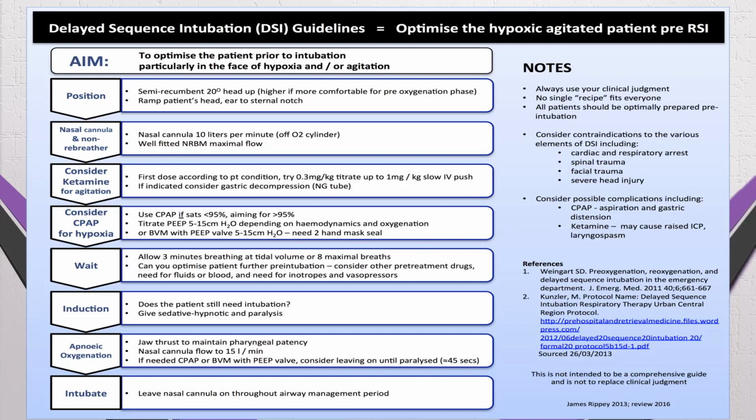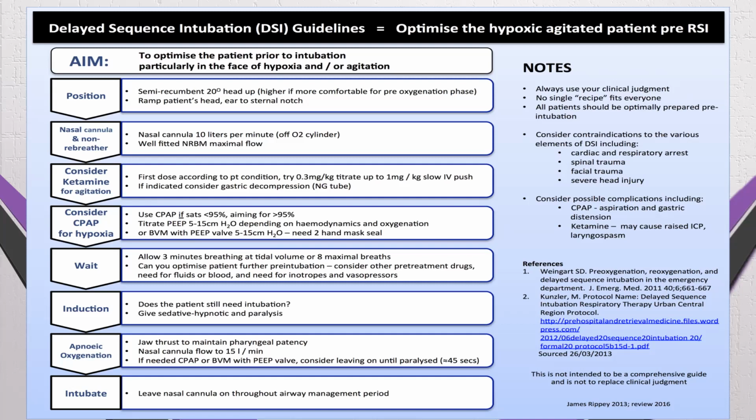As we mentioned, you can place the patient in a head-up position to improve oxygenation. Use jaw thrust to maintain pharyngeal patency. You can add an oropharyngeal or nasopharyngeal airway, as we mentioned in the previous video, part 2.